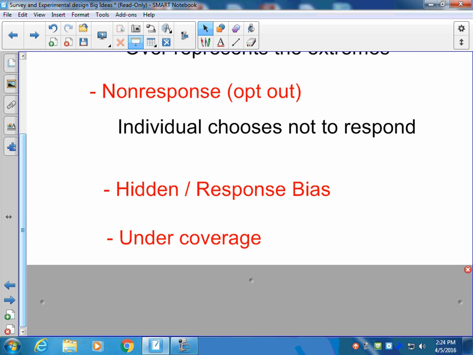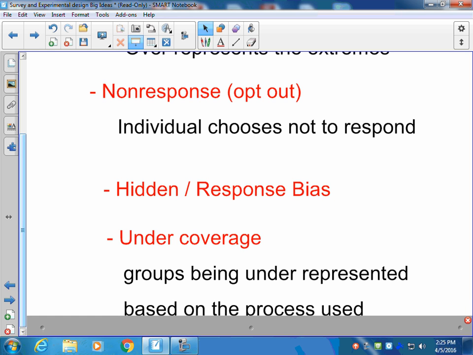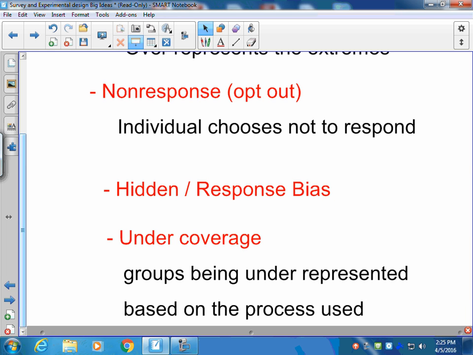Okay, last type of bias that we want to understand is undercoverage. Undercoverage can happen in a number of ways. It can be a situation where people just are not able to be reached. Okay, or based on your simple random sample, you might not cover all of the groups from an individual population. Okay, so it's groups being underrepresented based on the process used.